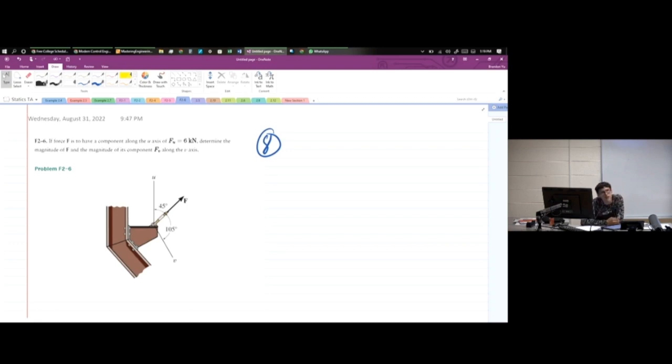So this one would be like that F2-4. You would solve it in the same way: make a parallelogram, fill out the angles you know, and use the law of sines to solve it. So I'll let you all try that, and then we can do it together.